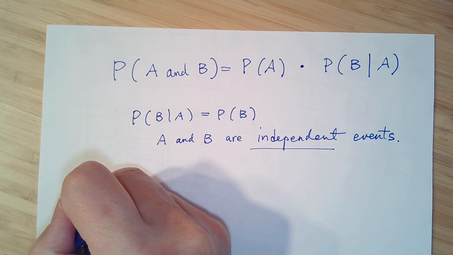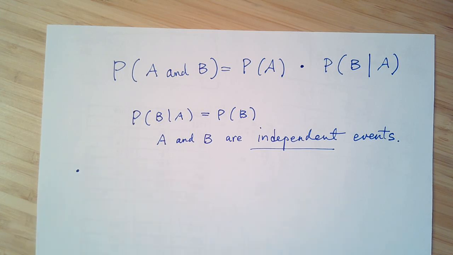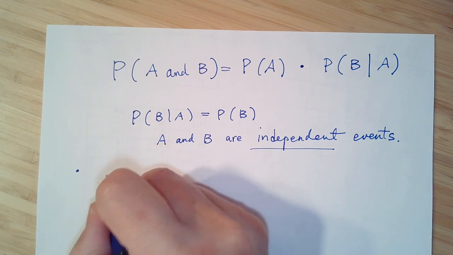All right, now let me give you another example. Now we're going to look at all the students in my class. What is the probability that the first two randomly selected students are born on the same day of the week? Okay, so you choose the first student.